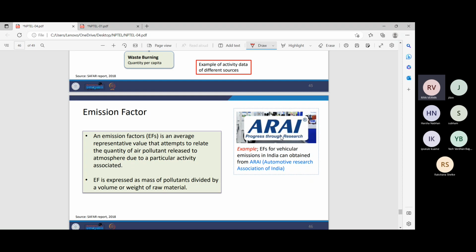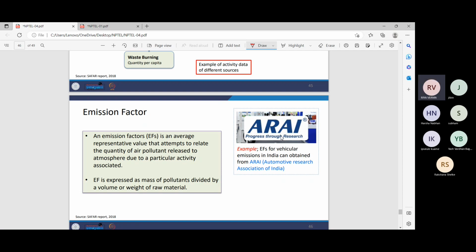Then your industries, they tend to contribute a lot. For example, if you consider the scenario for Delhi, there are a lot of vehicles in that region and also a lot of industries. So both tend to have a significant impact on the air pollution levels.